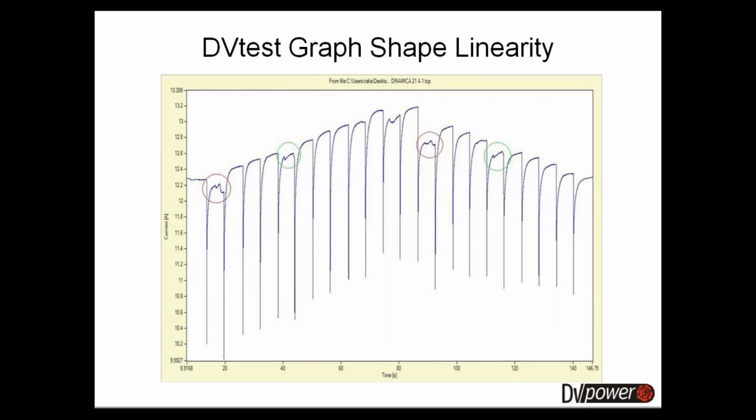You want the graph to be as smooth as possible, because that shows you that the tap changer is operating properly. And on this graph that you see on this slide, you can see 4 parts marked in red or marked in green.